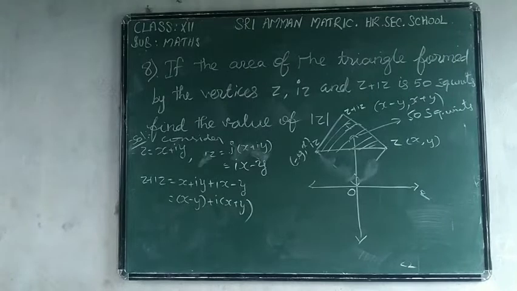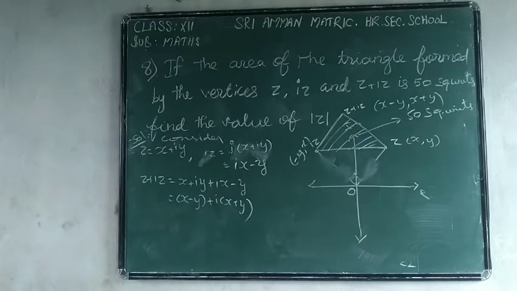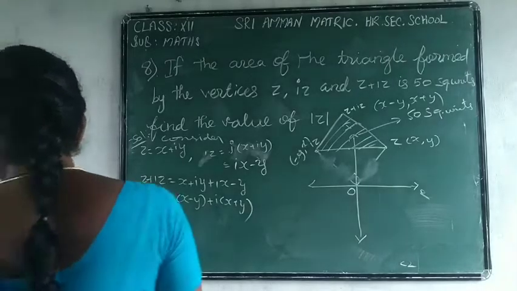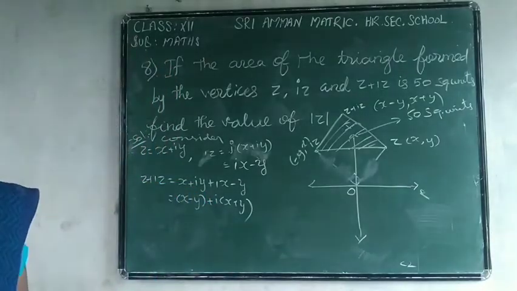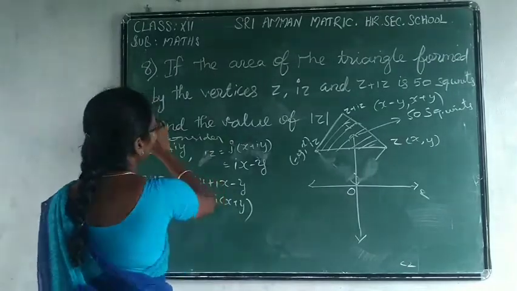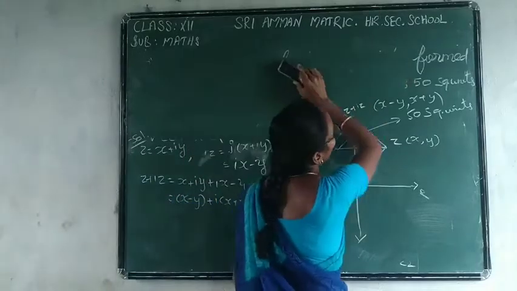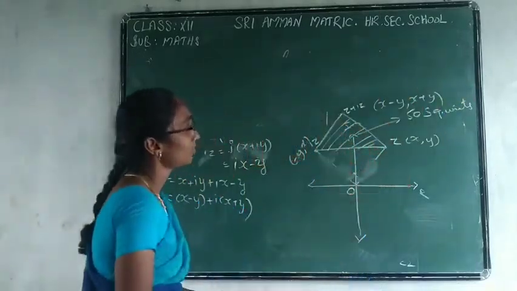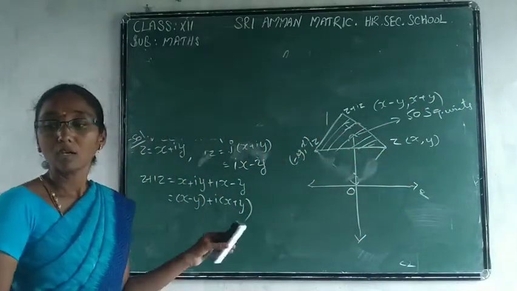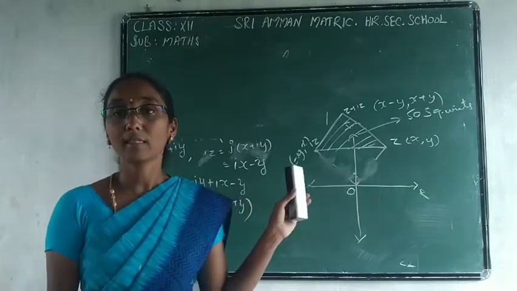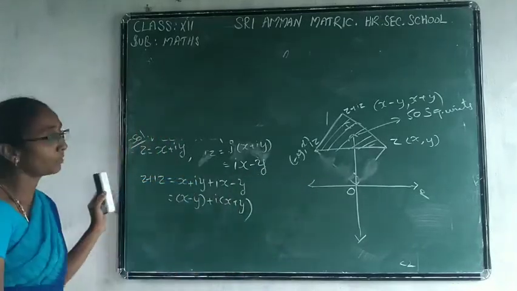Okay. Now what do we need to find out? The area of the triangle. The area of the triangle is given, and you have to find the modulus of z.